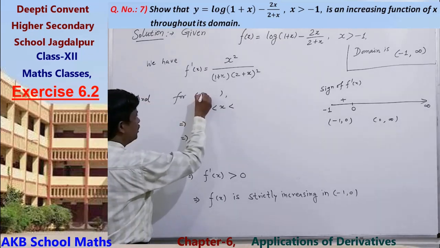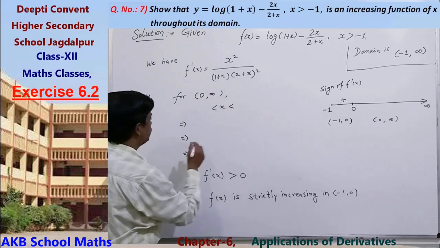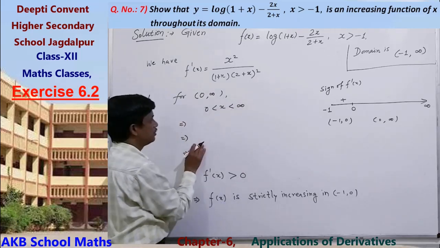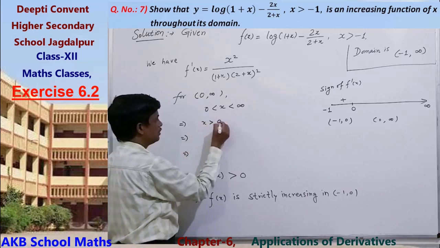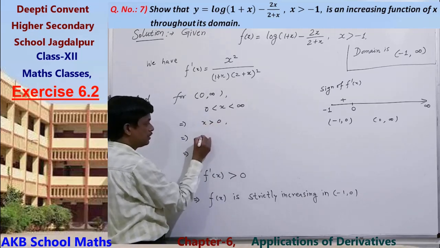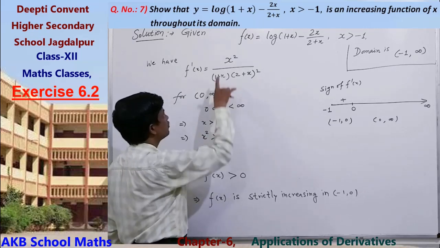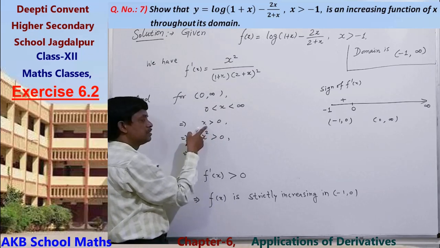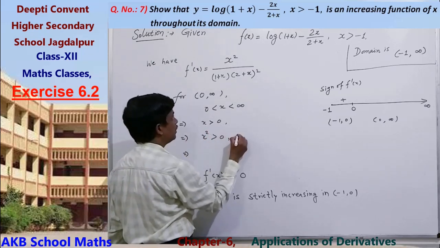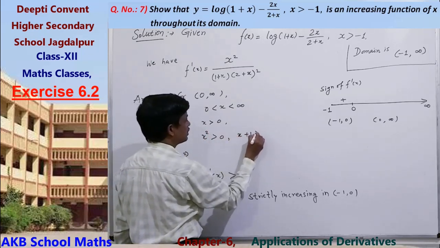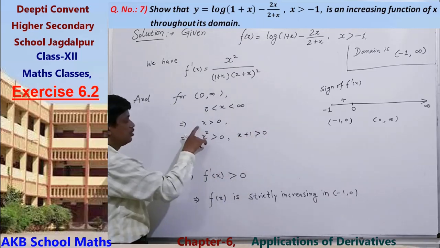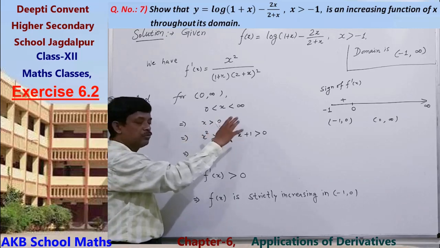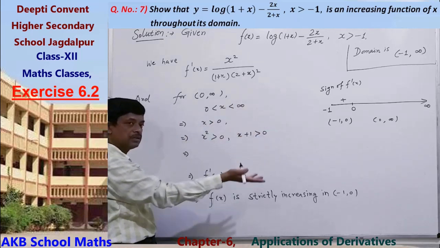For 0 to infinity, x lies between 0 to infinity, that is x greater than 0. X greater than 0 means x square greater than 0. Also x greater than 0 means x plus 1 is also greater than 0, because you can add 1 on both sides. That is x plus 1 is also greater than 0.